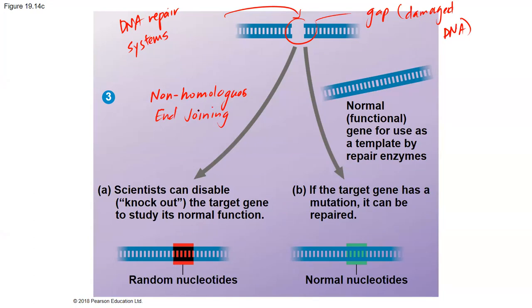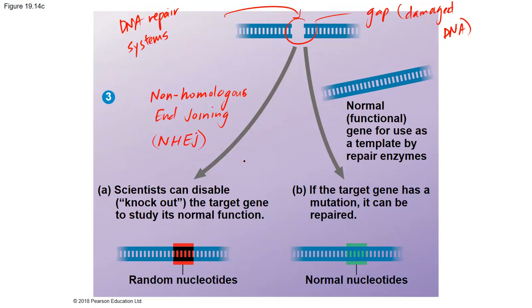So one way to repair the DNA is through a mechanism called non-homologous end joining, or NHEJ.